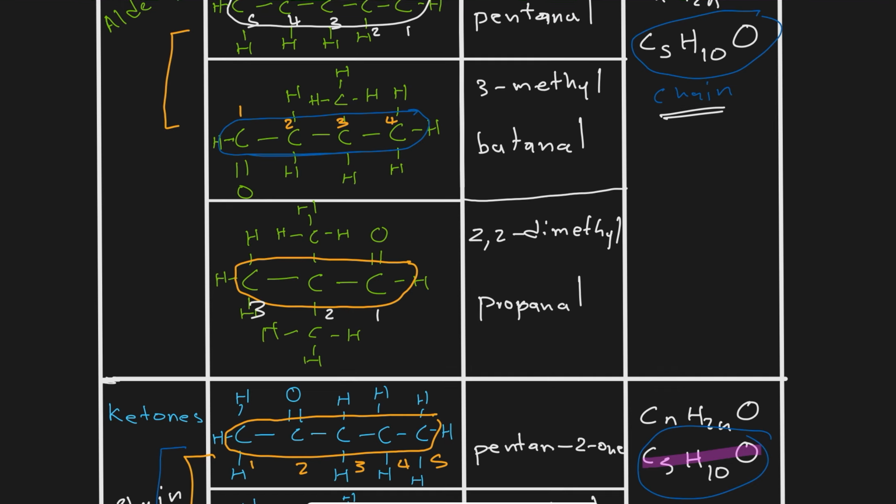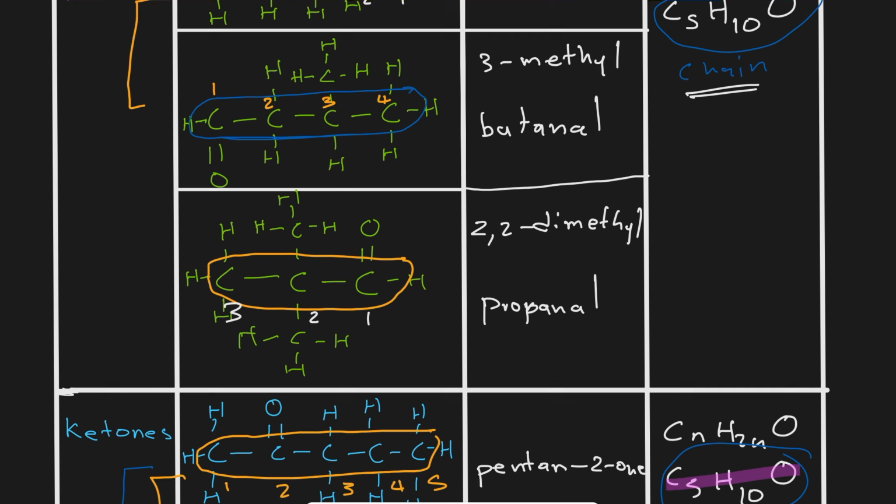So in this case, if they have the same molecular formula but different functional groups, we are going to refer to them as functional isomers. For example, if you look at this and that, that's going to be a functional isomer. Any aldehyde having 5 carbons and any ketone having 5 carbons is going to be a functional isomer to the aldehyde or the ketone.